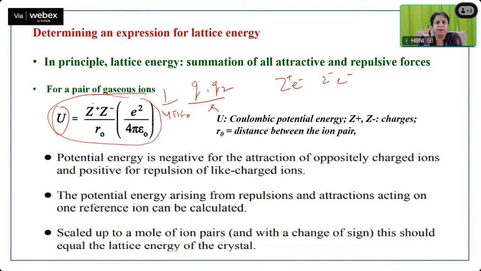Now I have to calculate the total potential energy. So I will see, for a reference ion, how many repulsions and attractions are happening, and what potential energy arises from them. Then you scale up to 1 mole of the ion pair, and this equals the lattice energy of the crystal.